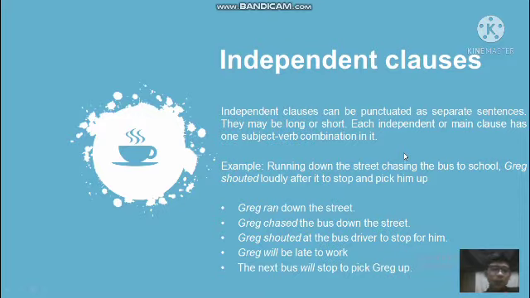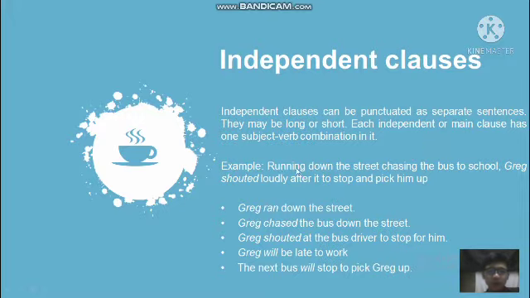That is, they contain a finite verb form which specifies tense, for example is and look, or modality, such as can and would. Always remember that independent clauses express a complete thought and can stand by themselves as sentences.